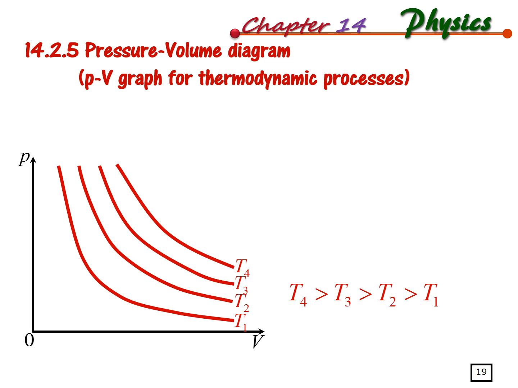So we have state A, the initial state of the gas or system, where the pressure and volume are P1 and V1. After that this system expands to state B on the curve at level T2. On the curve T2, the temperatures at A and B are the same. So this is the isothermal process.